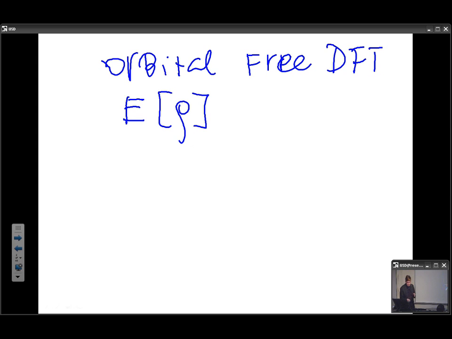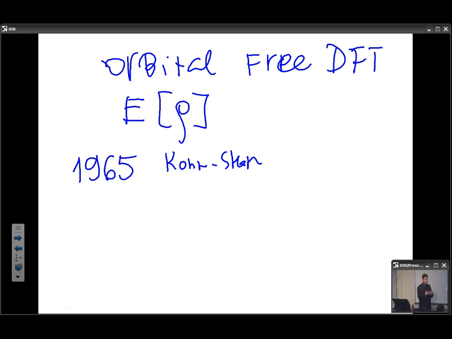And the big step forward was suggested by Kohn and Sham, which is to use the benefits that are promised to us by theorems. Not all of them, but part of the benefits from the ideal density functional theory.